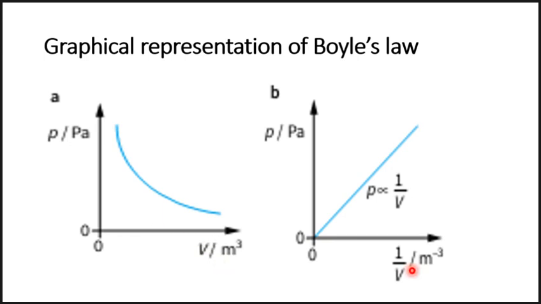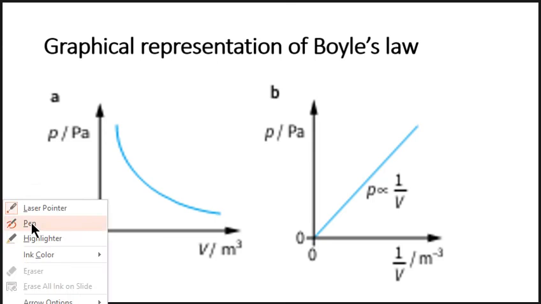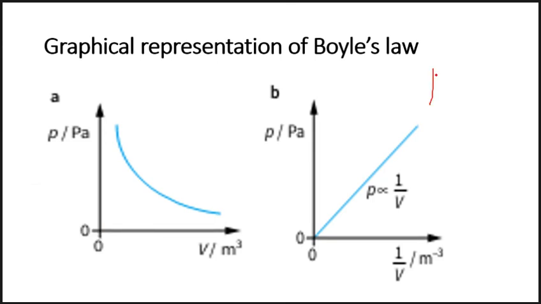So in other words, mathematically, what this has simply indicated is that P is directly proportional to 1 over V. But if I'm considering this, then I will say P is inversely proportional to V, not inversely proportional to 1 over V. That's what I was trying to explain. So they are the same thing, but I'm saying it in 2 different ways.